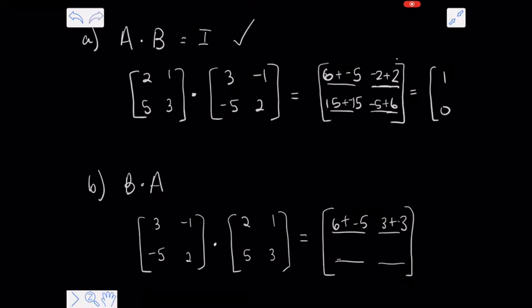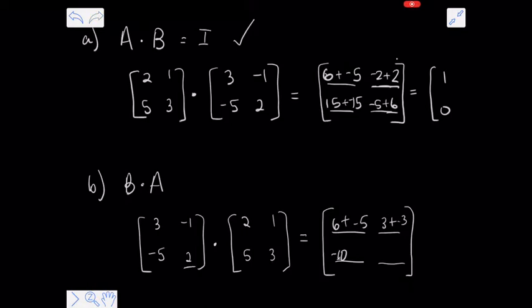Now that entry there is row 2, column 1. So I need row 2, column 1, negative 5 times 2 is negative 10.